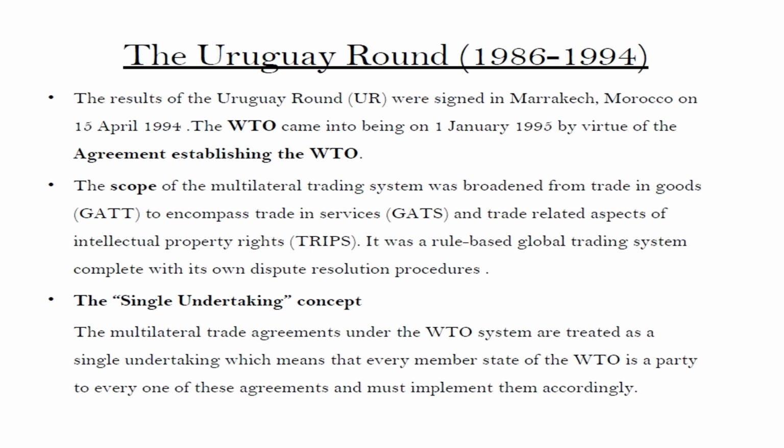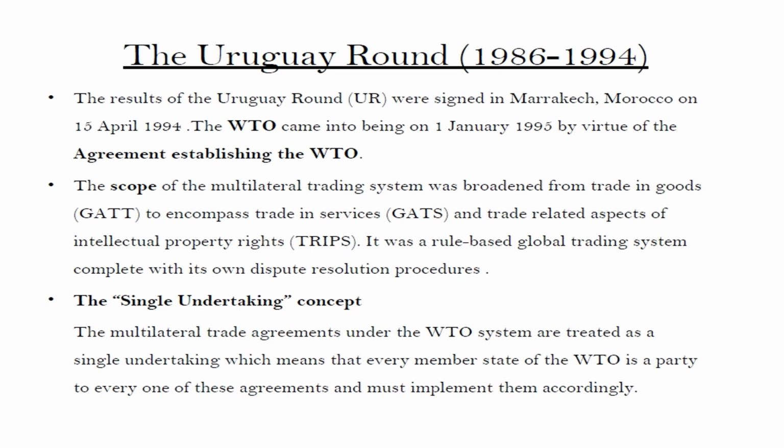The scope of the multilateral trading system was broadened from trading goods to encompass trading services as well, and trade-related aspects of intellectual property rights. So basically, GATT was covering only trade in goods, whereas the WTO covers trade in goods, trade in services, and any trade-related aspects of intellectual property rights.